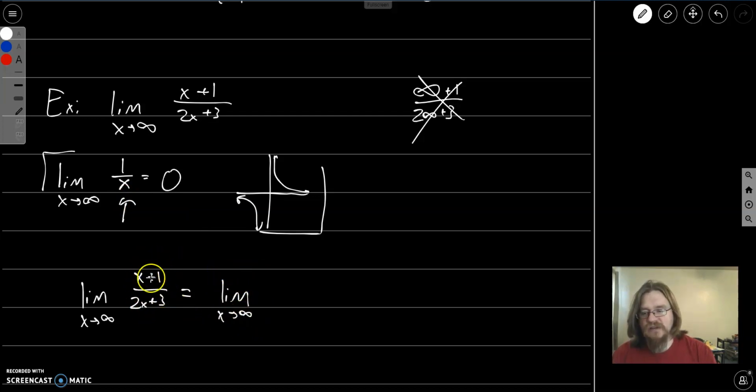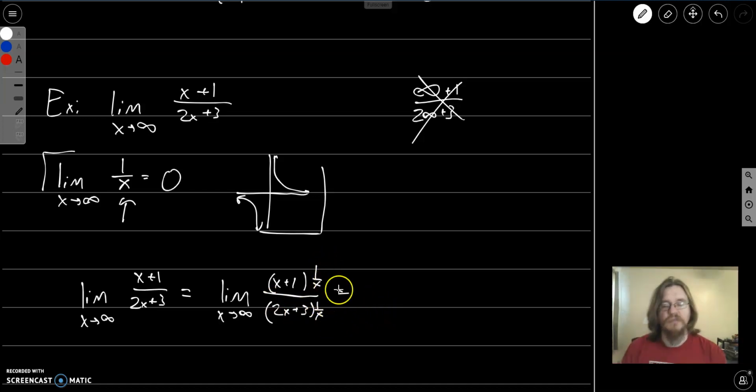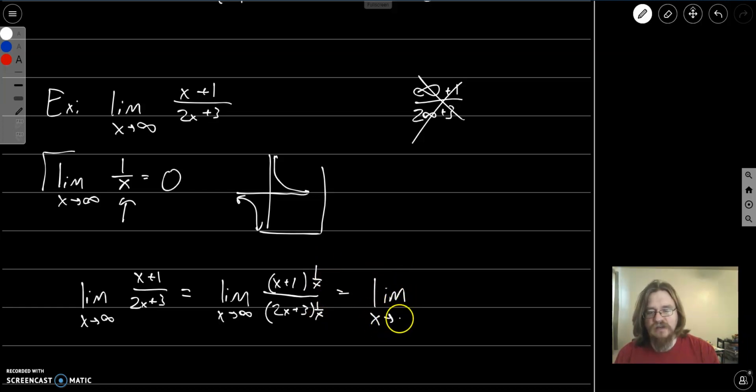What happens if I divide the top of this fraction by x? Well, let's just write this down exactly, I'll show all my steps here. So I'm going to divide the top by x, and I'll divide the bottom by x. As in, I'm going to multiply by 1 over x and multiply by 1 over x. So far, I haven't changed the function much, have I?